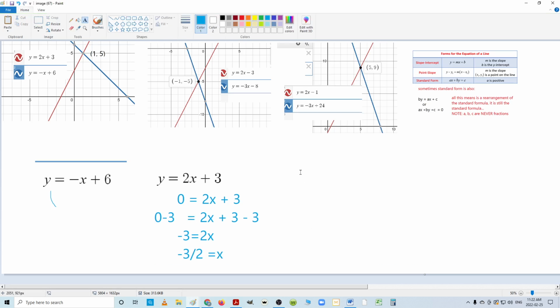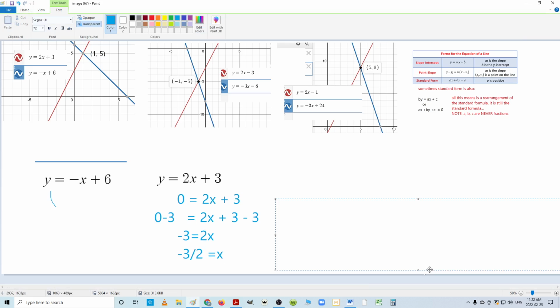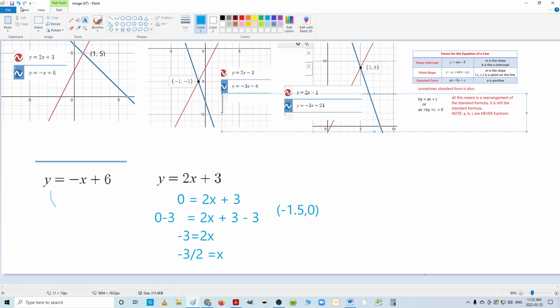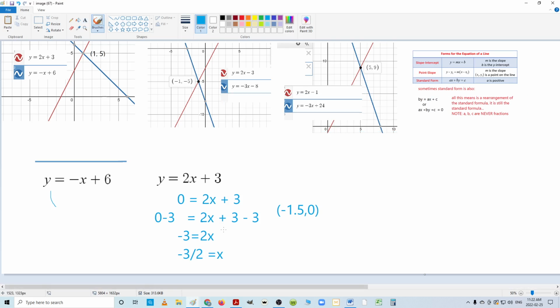That's an interesting thing. If I put it in decimal format, it's minus 1.5 comma 0, which is indeed the intercept of this line. Sometimes your teacher will want things kept in fractions. Sometimes she'll want it in decimals. It all depends. But if you look, that's true. That's minus 1.5 comma 0.